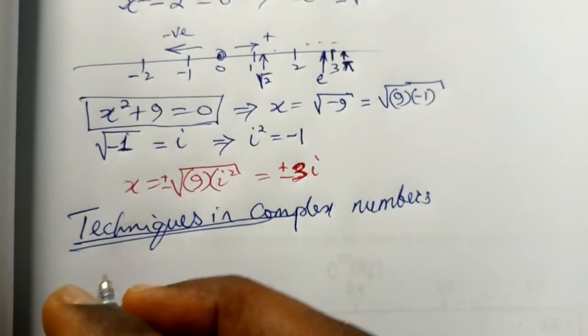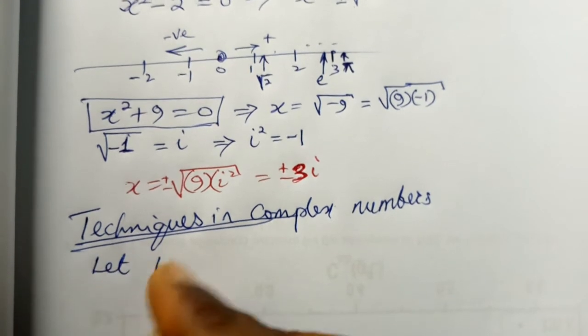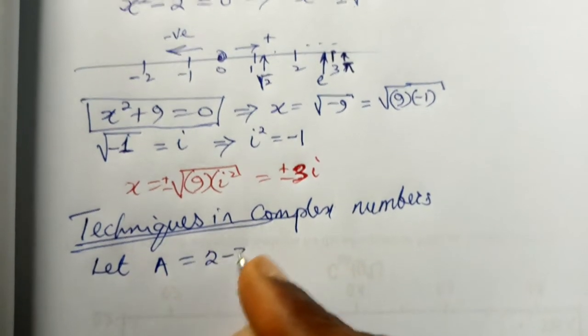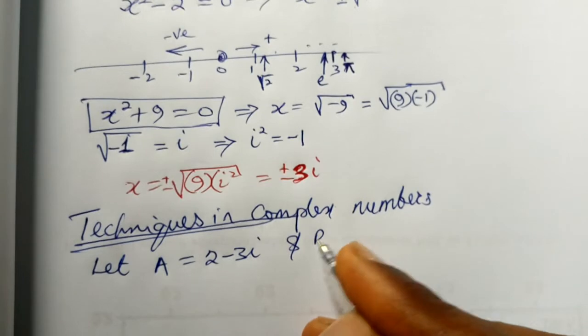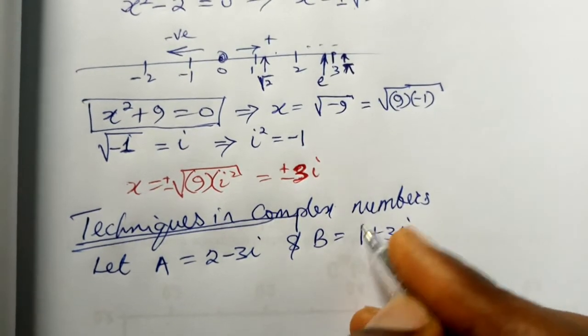Let me do it in the form of an example. Let a be equal to 2 minus 3i and b be equal to 1 plus 3i.